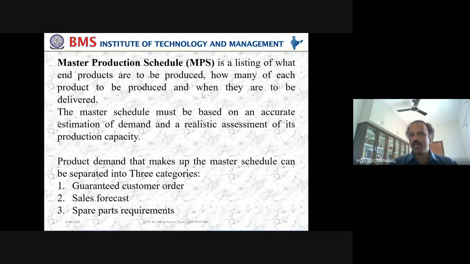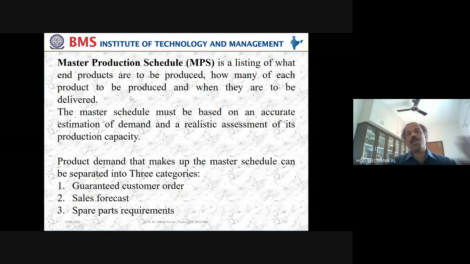After knowing the type, you should know how many of each product you need to produce, so that for each product you can calculate the raw material. Then, very important, when they have to be delivered.